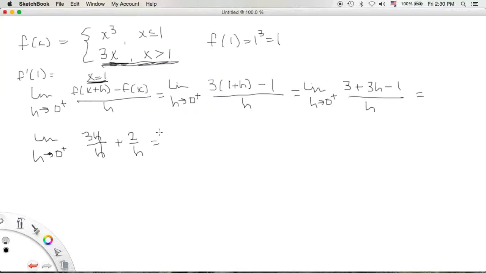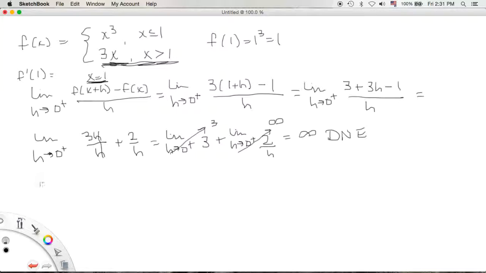And here we have, remember, the limit of sums is the sum of the limits. So this one goes to 3, but this one, the limit as h goes to 0 of 2 over h, is infinity. It doesn't exist. So what is this limit? Well, 3 plus infinity is just infinity. So this limit doesn't exist. So the derivative from the right does not exist for this function at x equals 1.